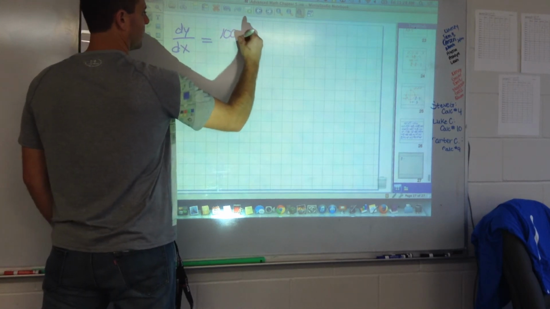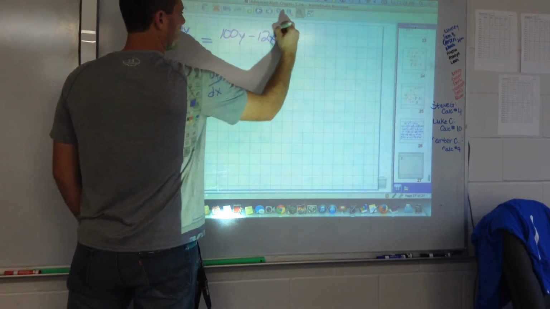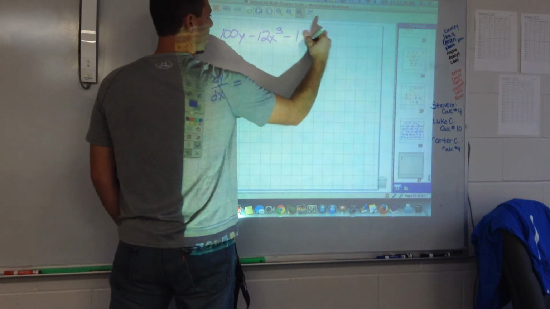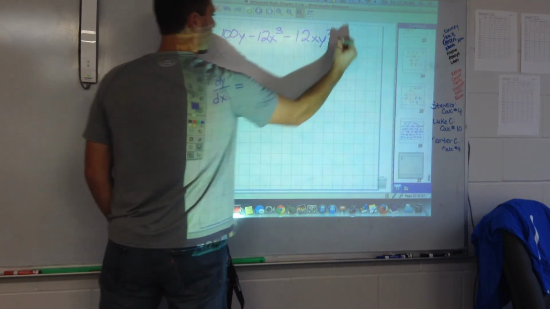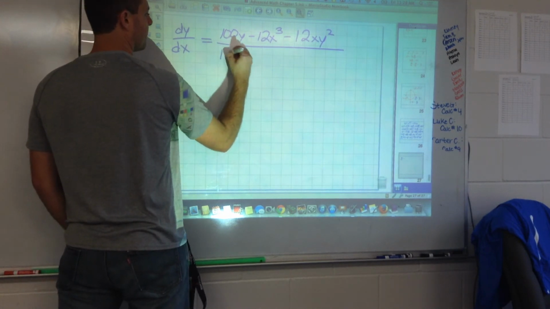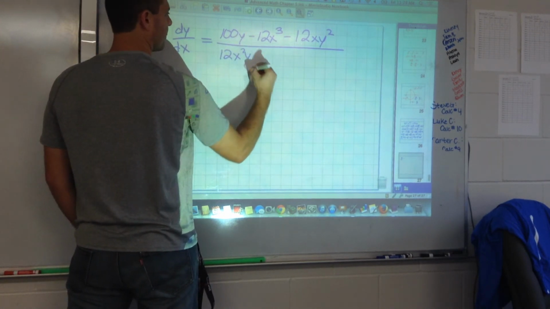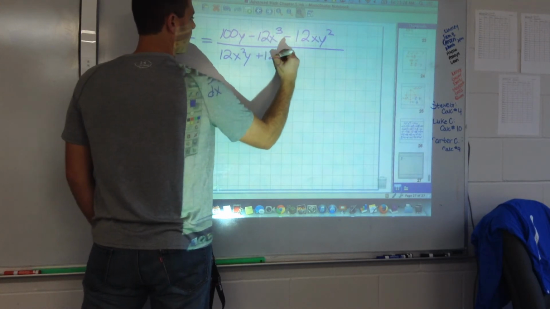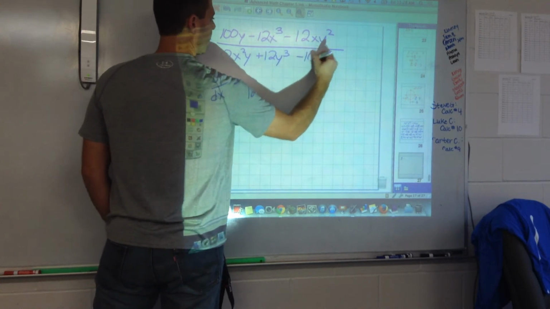100y minus 12x cubed minus 12xy squared, over 12x squared y plus 12y cubed minus 100x.